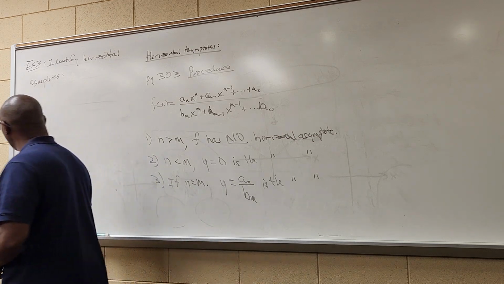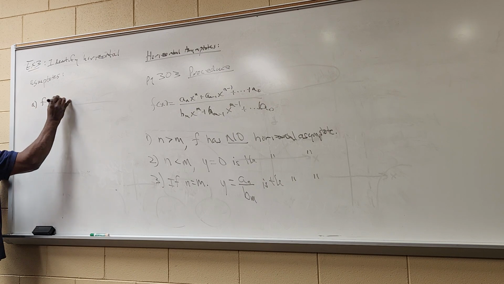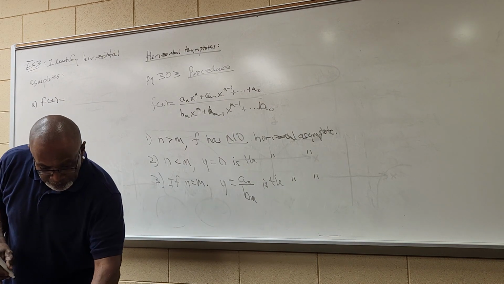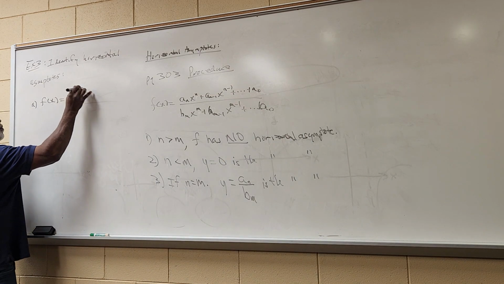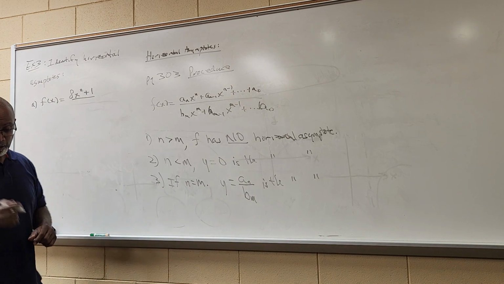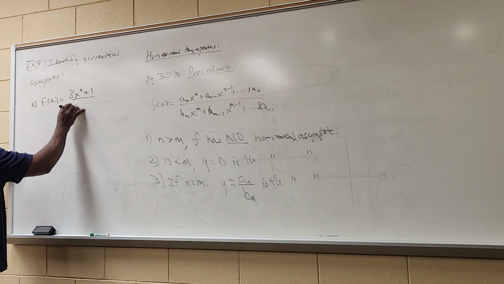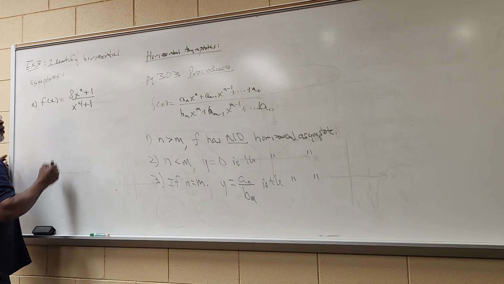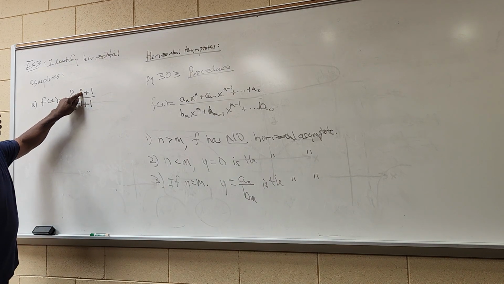So A, f of x equals 8x squared plus 1 divided by x to the 4th plus 1. Okay? Well, the degree in the top is 2.